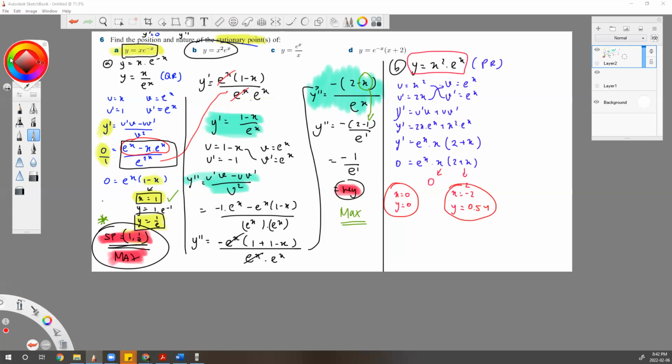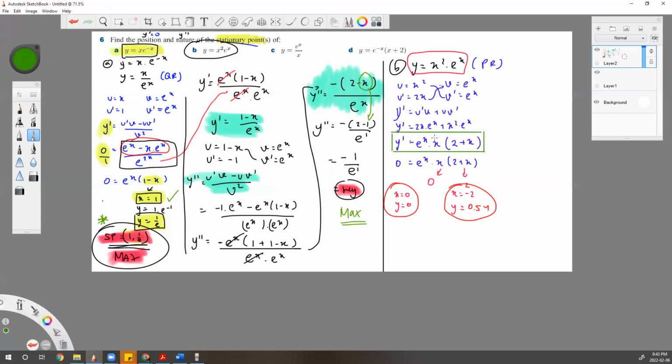But to determine the nature, we need to do the second derivative. This is our first derivative, right? Oh my goodness, it is so annoying. Wait, there you go.